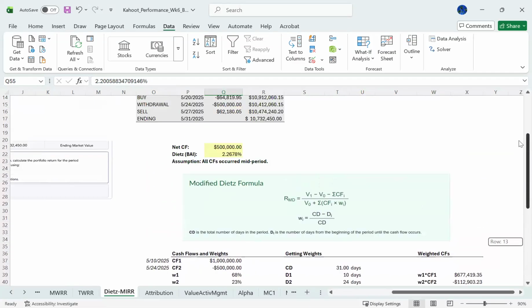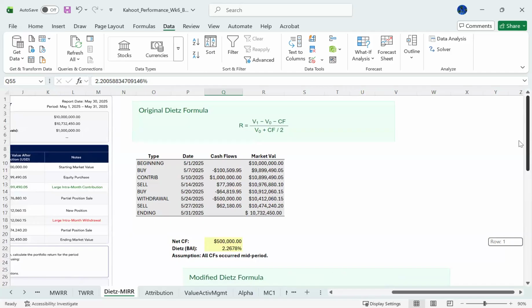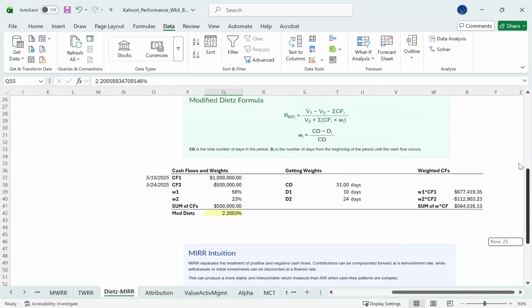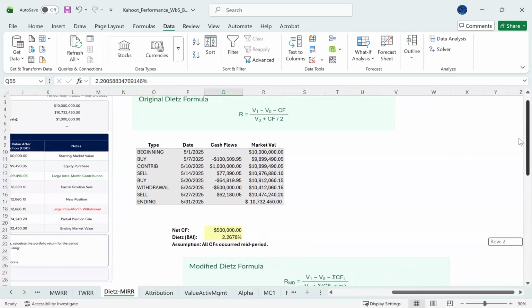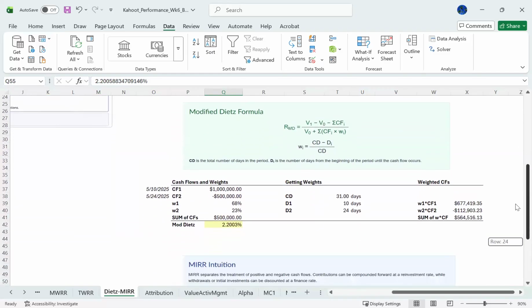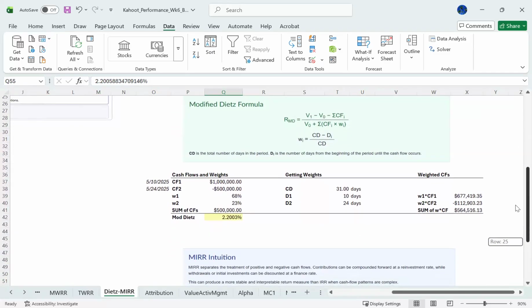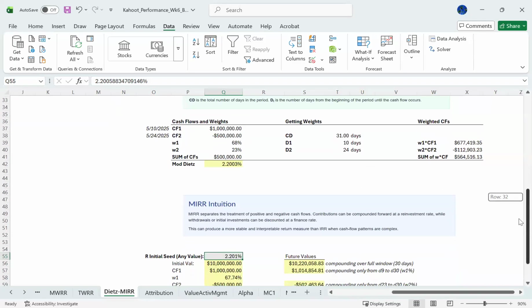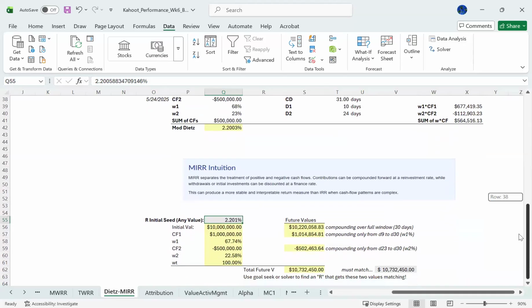So we have covered three methods: the original Dietz formula, which assumes that any cash flow occurs mid-period, which may not be accurate, so it's the least conservative one. Then we have the modified Dietz, which is more precise, and gives each one of the cash flows a weight based on the number of days in which each one was received.